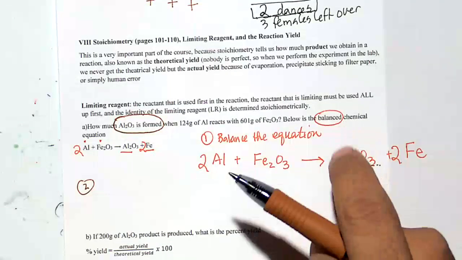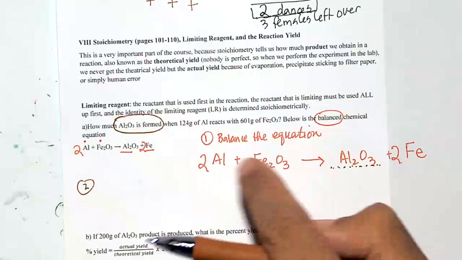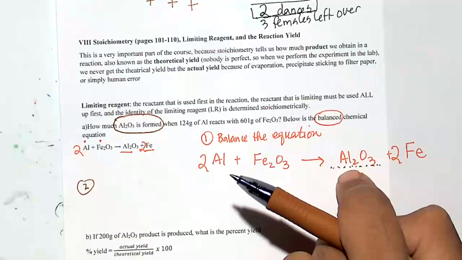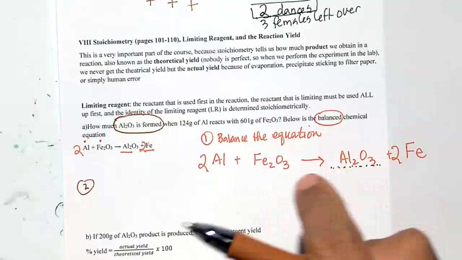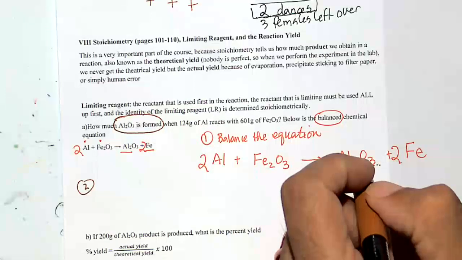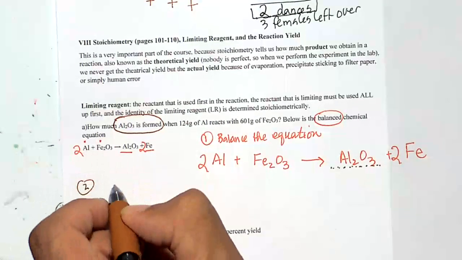When this is all gone, this is how much you can make of Al2O3, because once that is gone, you're done. You can't make any more product. So one of these sets the limit.